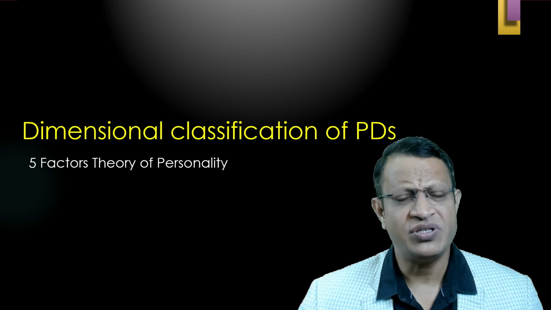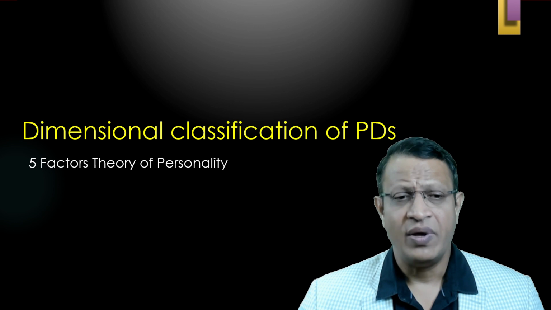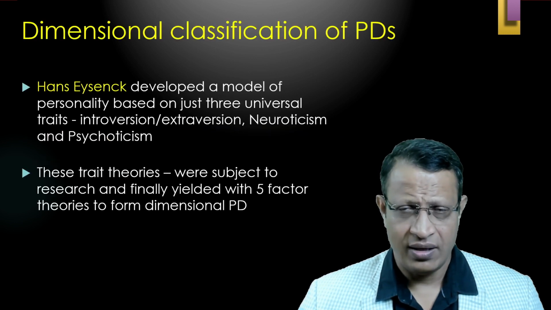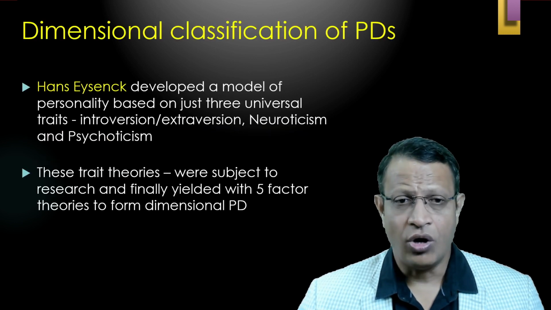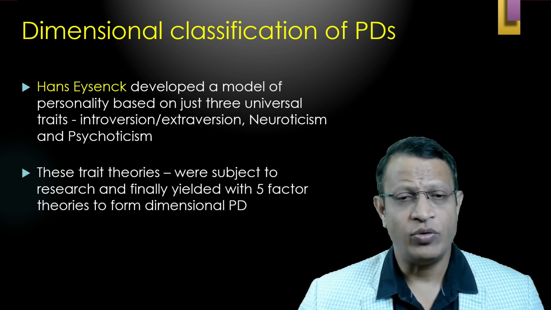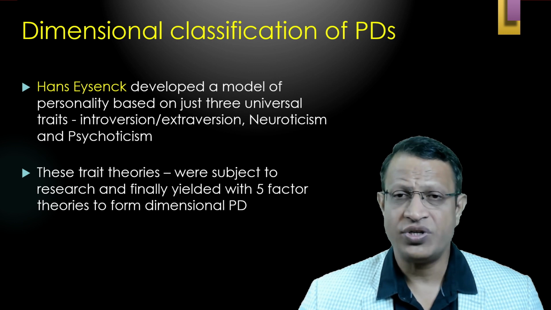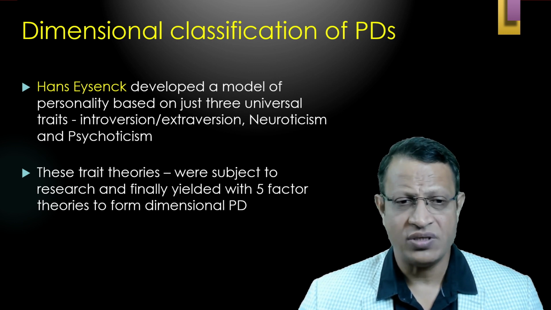If you look at the dimensions of classification of personality disorder, each is arrived from the five-factor theory of personality. As I mentioned earlier, Gordon Allport gave 4,000 traits and finally it was reduced to 175. Hans Eysenck came with a three-model universal trait, that is introversion-extroversion, neuroticism, and psychoticism.